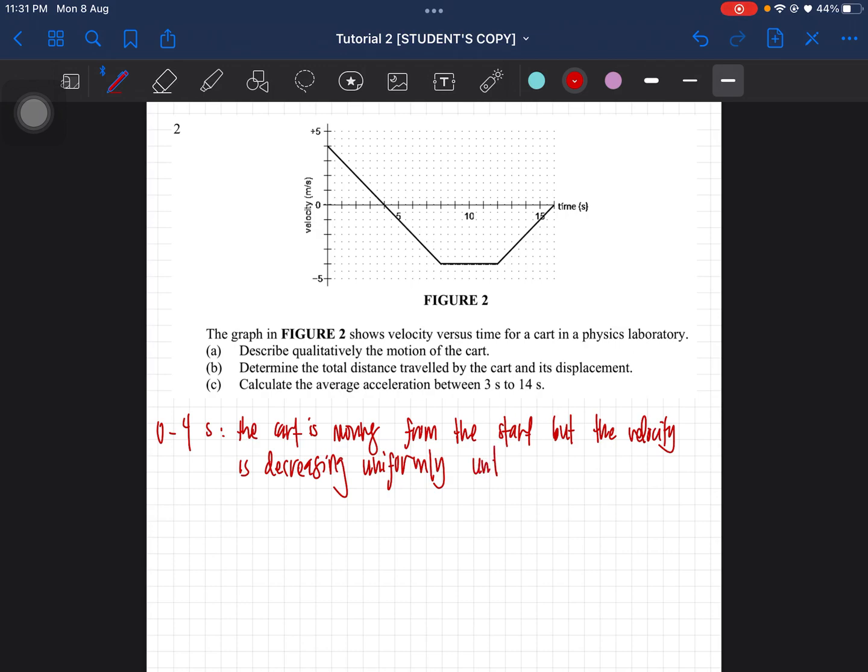So it goes to a stop at this point here. From the start, it is already moving and going to a stop, until it stops for an instant to change direction.